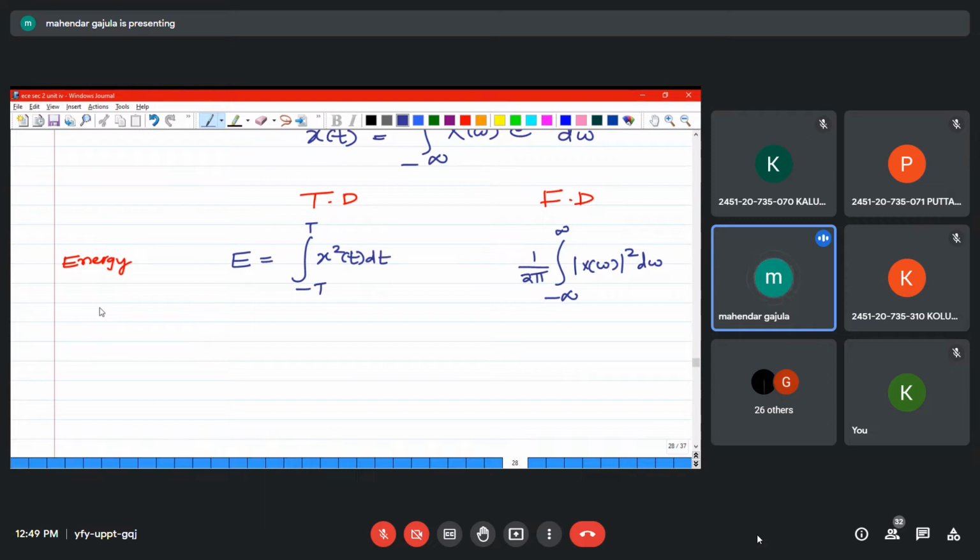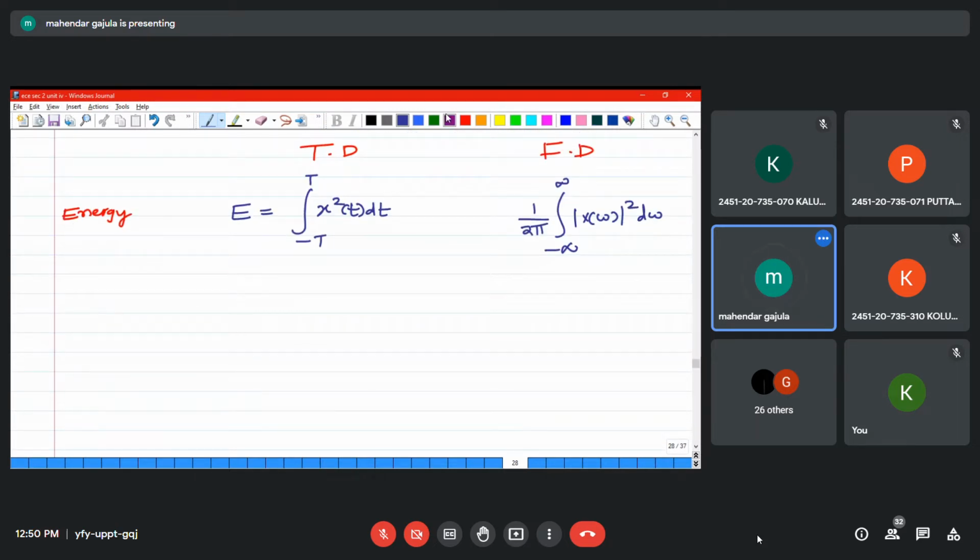Energy is a real value, not a complex value, so you have to apply mod on the complex value. That's why I applied mod X(omega).